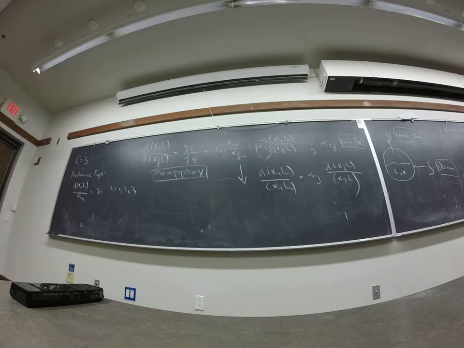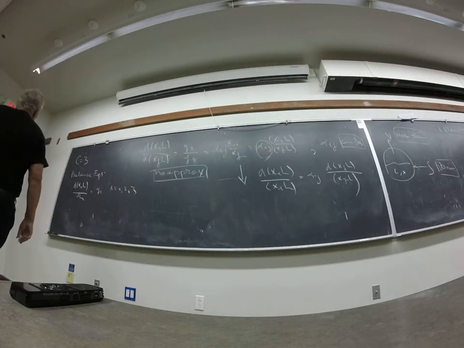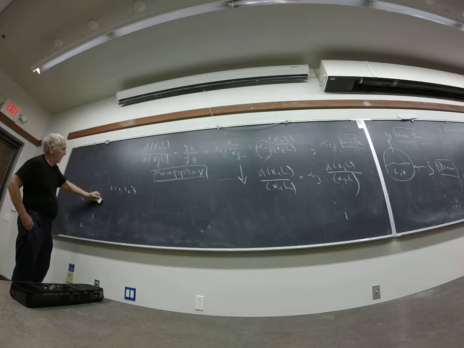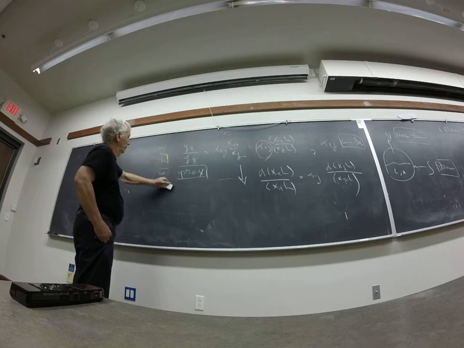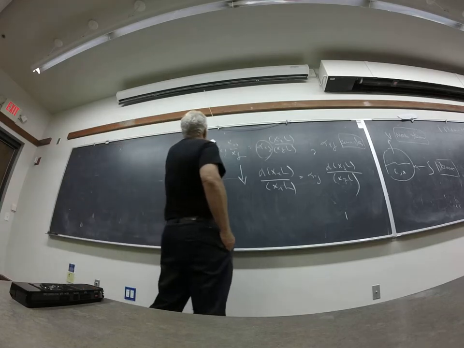Now, this is true for all i and j. So I got a bunch of alphas. I got alpha 1,2, I got alpha 2,3, I got alpha 3,1. They're not independent, of course. So, how am I going to make use of this information? I have a condition that's going to help me deal with this problem.